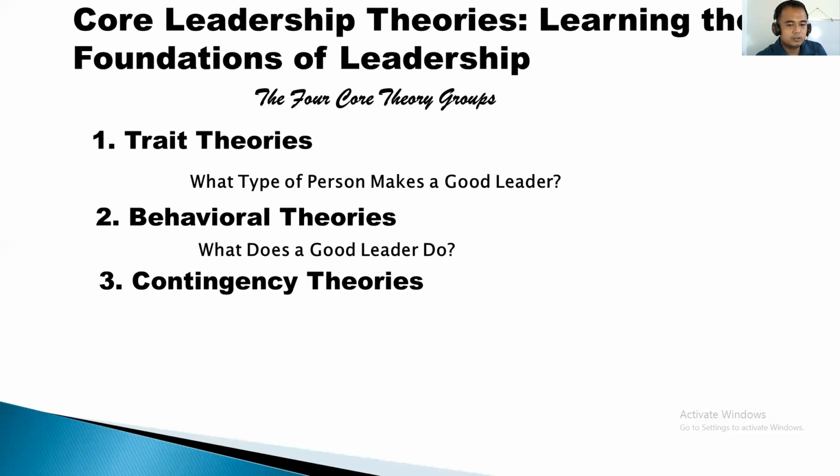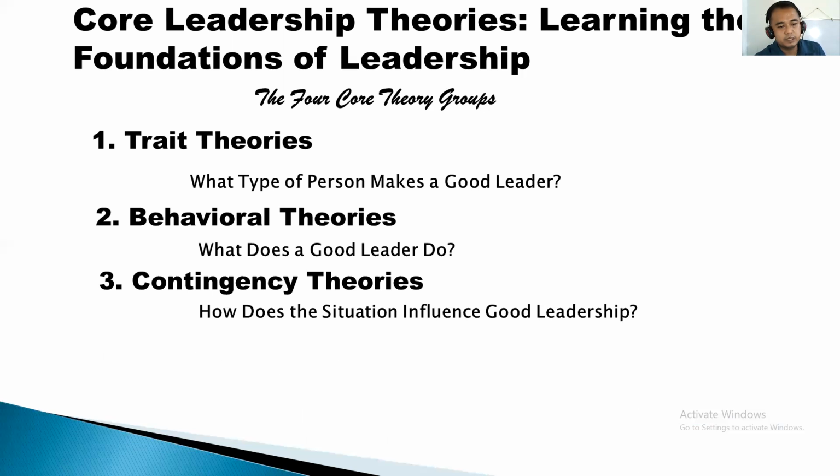And the other one is contingency theories. How does the situation influence good leadership? When you say contingency, there are things to be done as a contingency if there are problems that will occur.